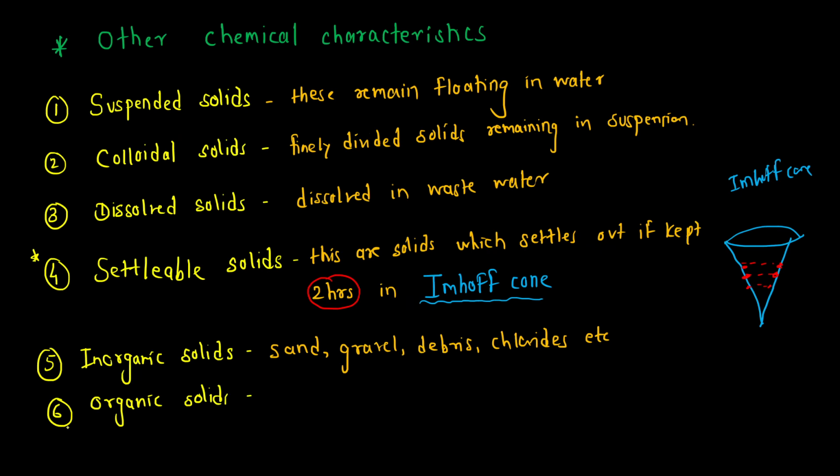Organic solids consist of carbohydrates, then fats, oils, proteins, etc. As this is wastewater, it consists of each and every waste that is thrown out from industries as well as domestic purposes. So you will get everything in this sewage.